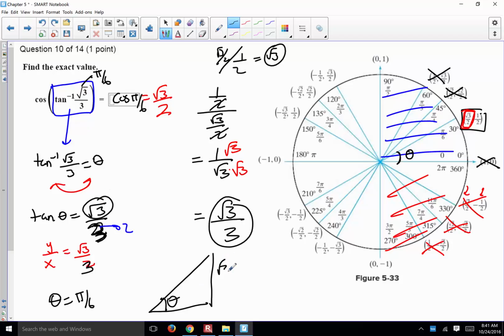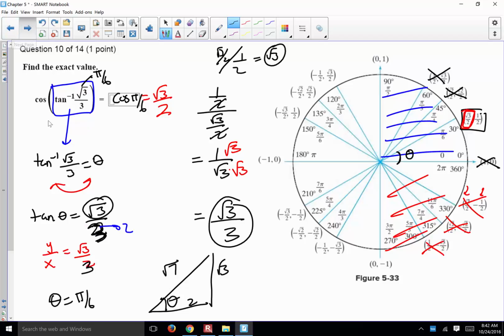Opposite is root 3, this is 2, and then you can find the hypotenuse by the Pythagorean theorem, which is going to be 7. And you can get cosine of theta by the right triangle. That's what I was going to try if this value wasn't yielding from the wheel, but it did.